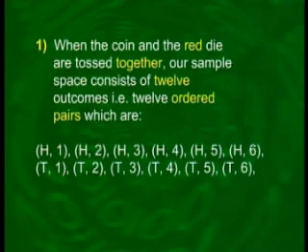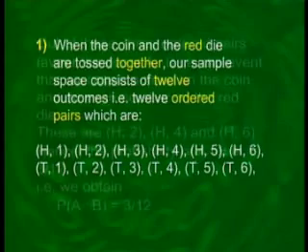Students, when the coin and the red die are tossed together, our sample space will consist of 12 outcomes, that is H1, H2, H3, and so on up to T6.